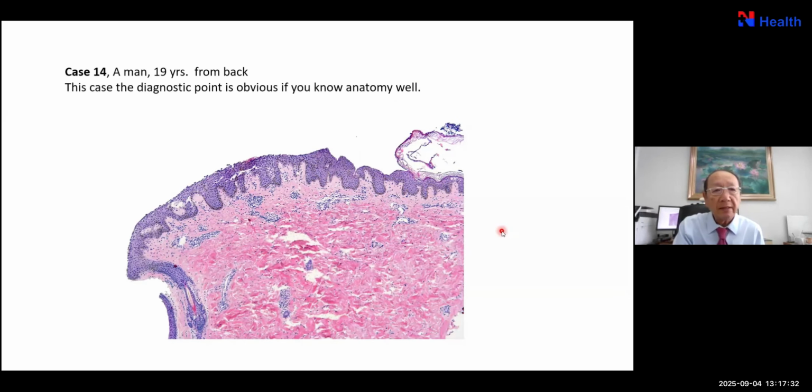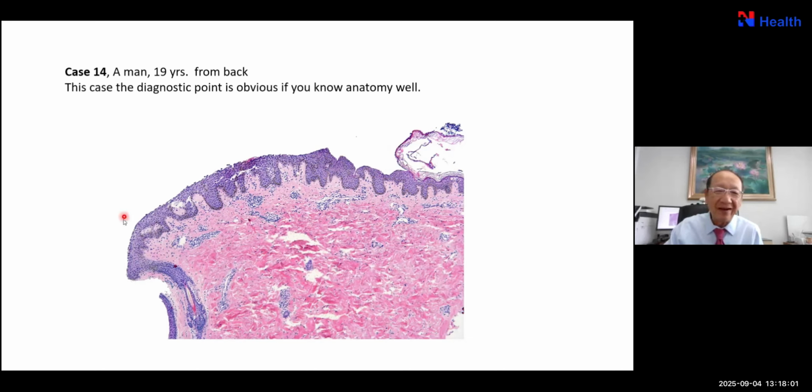The next one, a man 19 years old, from the back. The diagnostic point is obvious if you know what it is. The epidermis looks almost normal in this part, but the cornified layer is flipped.